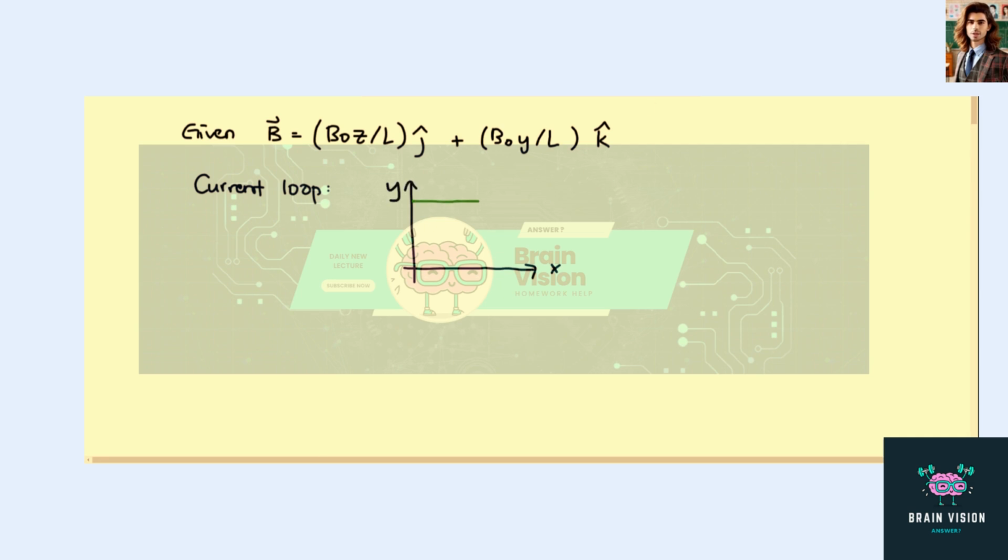It's a square loop, the side length is L, and the current is going clockwise. In part A, we want to draw the magnetic field on the YZ plane.